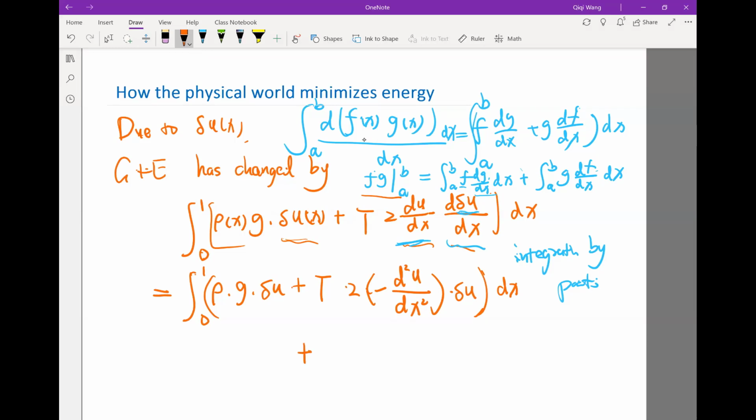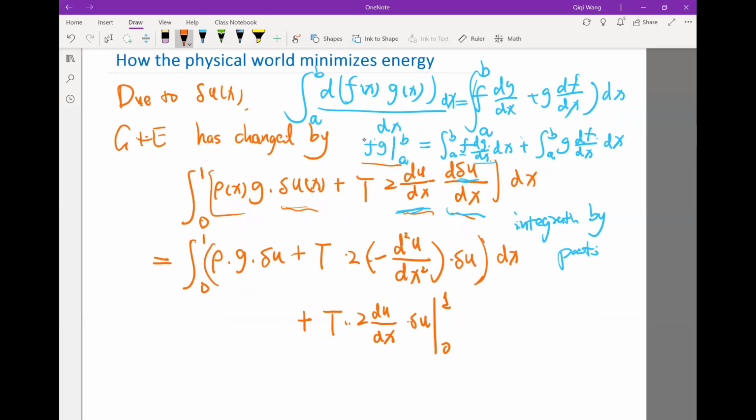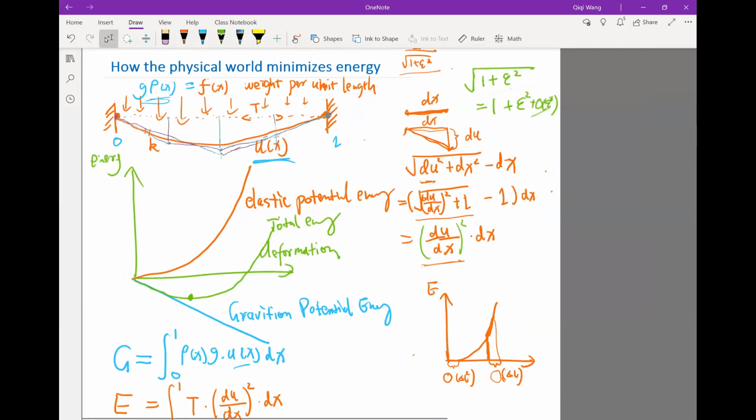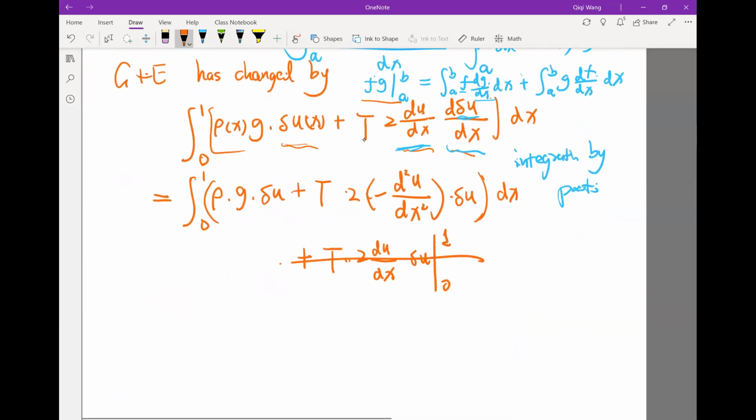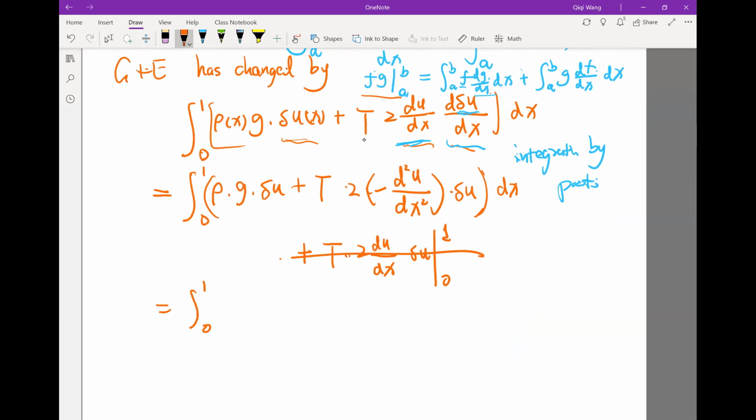The boundary term is t times 2 times du dx times delta u, evaluated at 0 and 1. All right, and because, coming from the physical problem, my delta u at 0 and 1 has to be 0, this term goes away, and what I have is the integration from 0 to 1 of delta u times a differential equation. Oh, actually minus 2t d square u dx square.